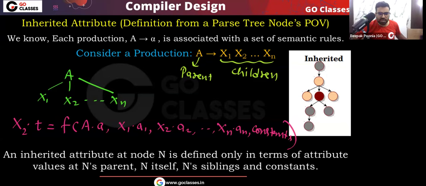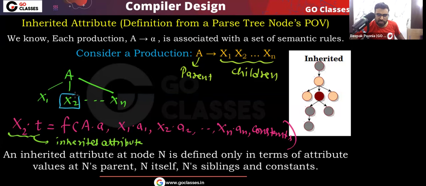Okay, so here you can easily see that this X2 dot t is inherited attribute. Yes or no? So remember, for this node in this parse tree, we are calculating the t attribute value.